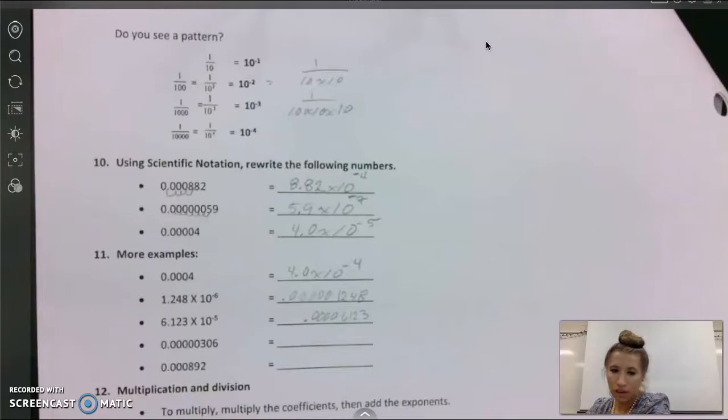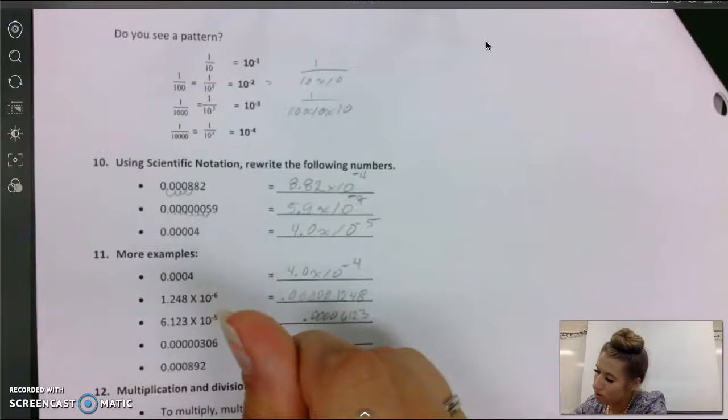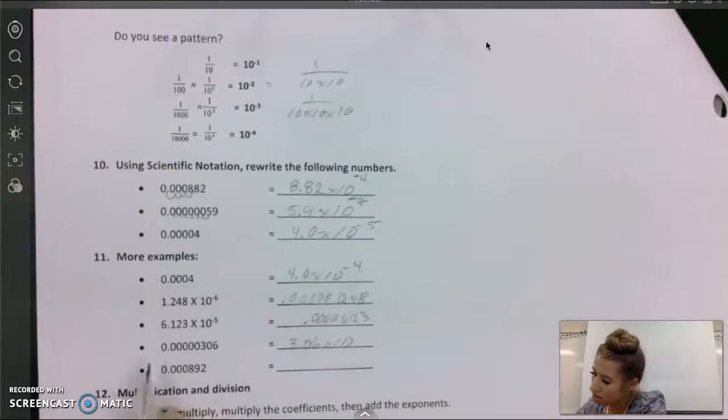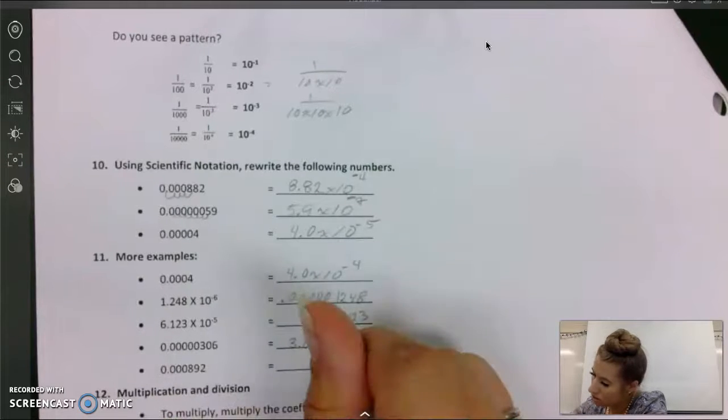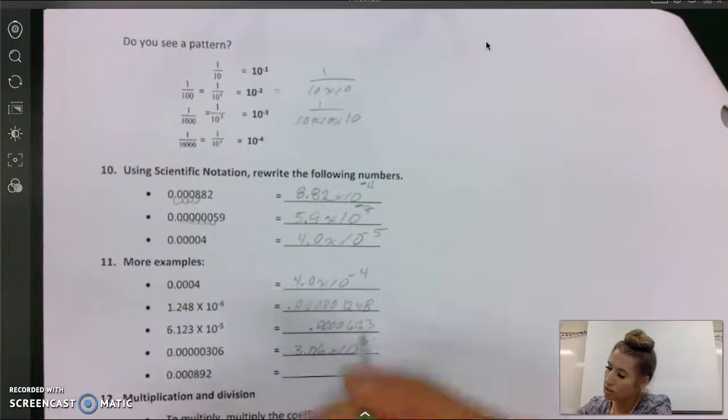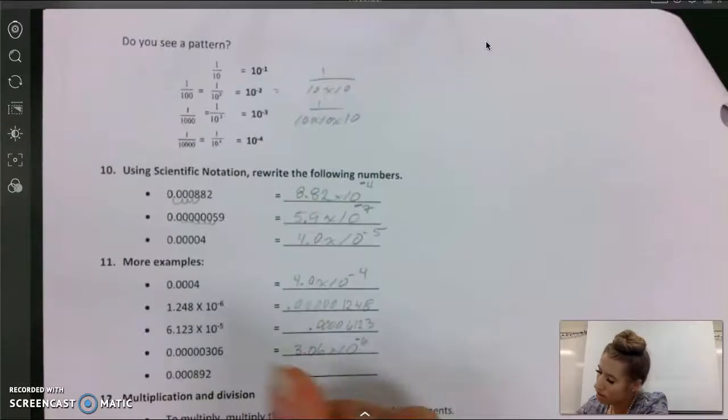And again, we have negative values still, so 3.06 times 10. Let's see how many times we moved our decimal place. 6. Okay, but is it positive or negative? Coefficient getting smaller, so it's negative. And then our last one.